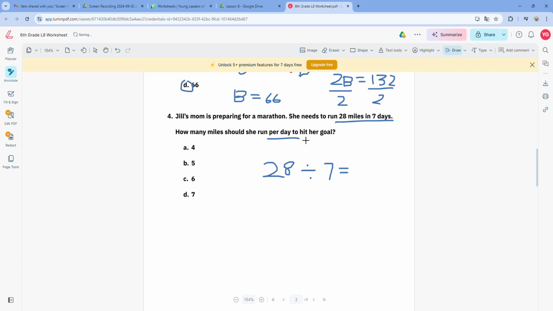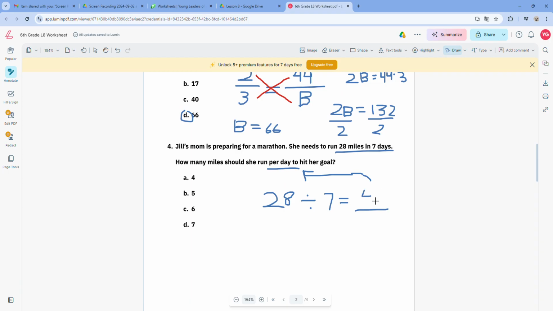And by doing this, that would give you the amount of miles she needs to run in 1 day to hit her goal eventually in 7 days. And we know that 28 divided by 7 is 4, so the answer is A.